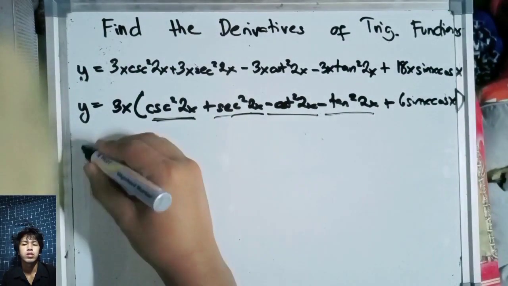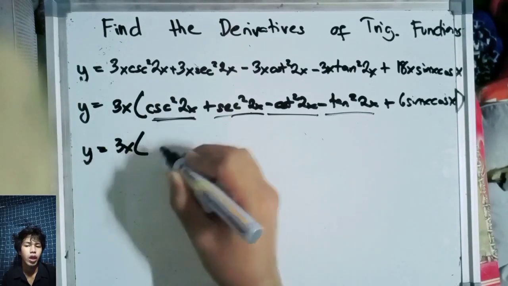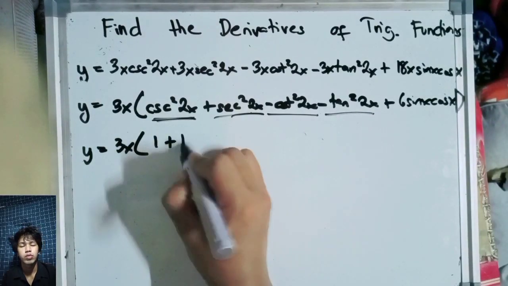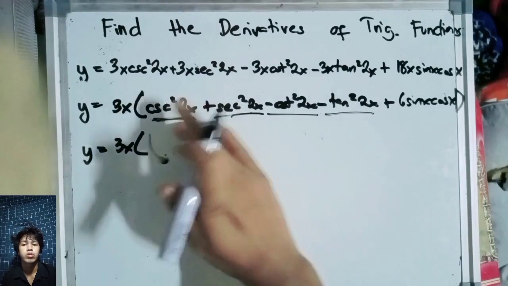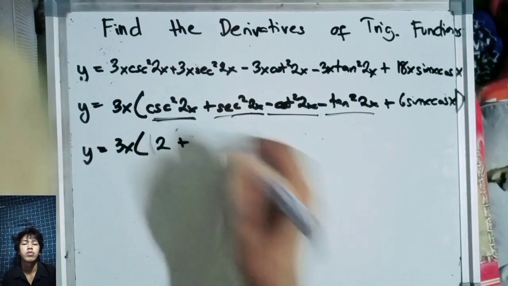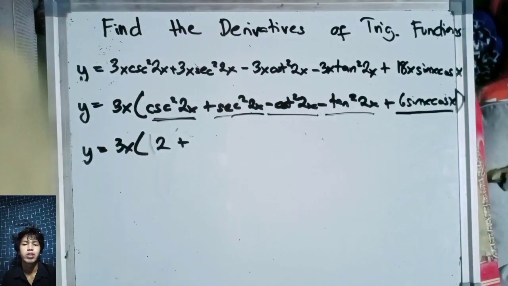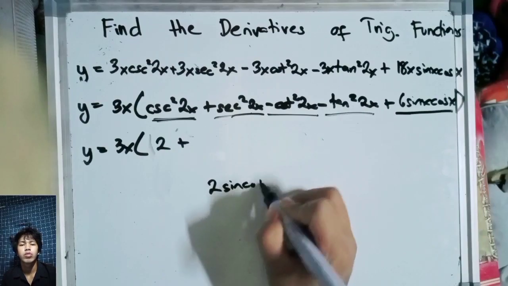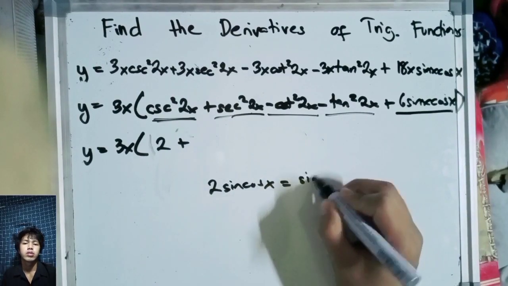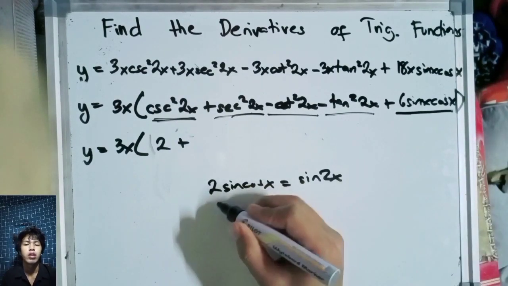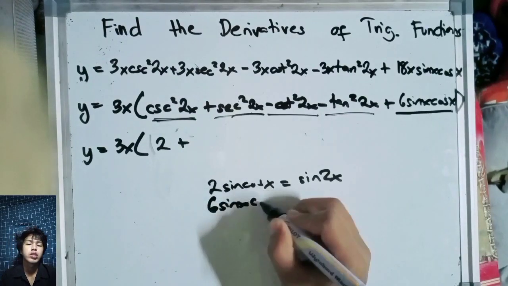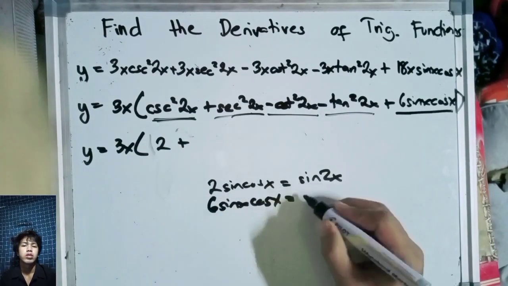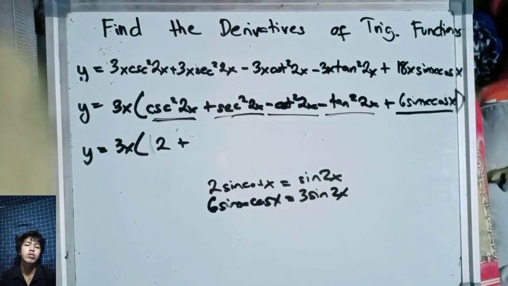We must do that. So we have y equals 3x times 1 plus 1 equals 2, so 2 plus this term, which is a double angle identity. In the double angle identity, 2 sine x cosine x equals sine of 2x. Applying that to 6 sine x cosine x, it equals 3 sine of 2x.